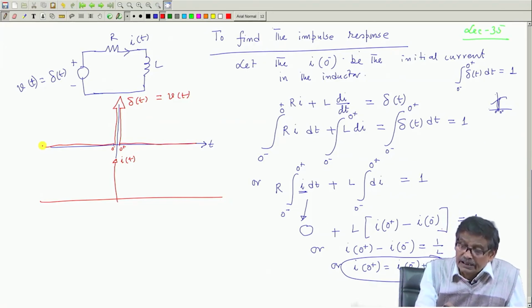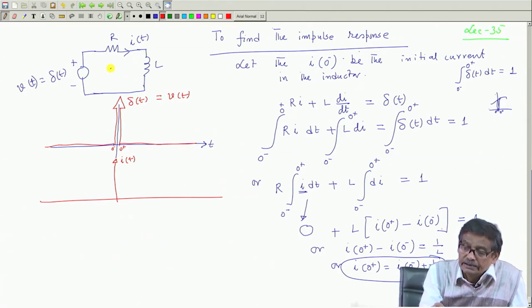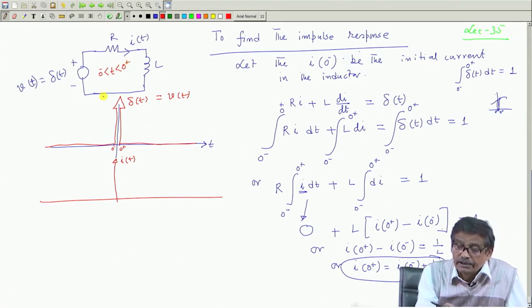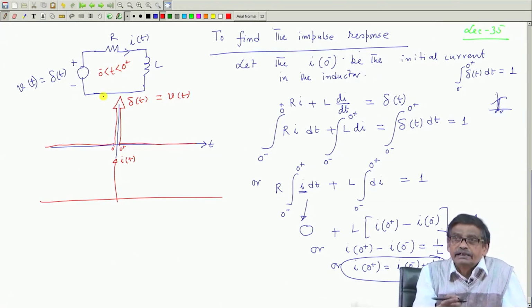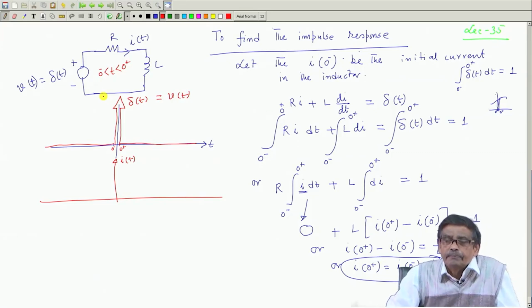So, this circuit will be valid for t from 0 minus to 0 plus. Whatever current you want to find out, you can find out, because voltage exists only during this time.